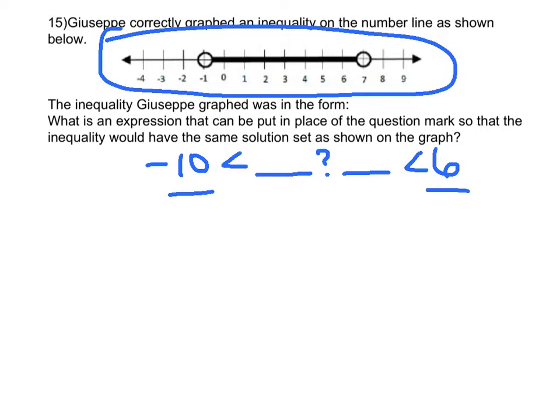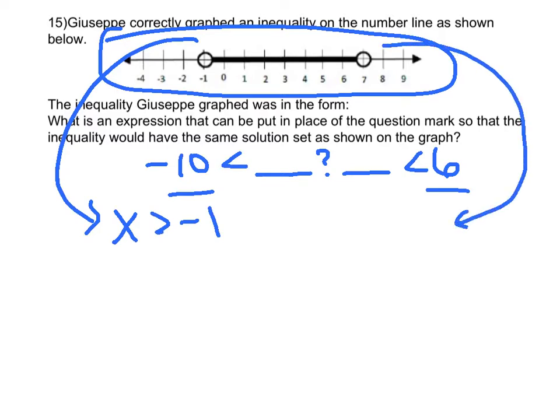So this is how I want you to look at it. Let's rewrite these. Okay, we need, in order to get a -1, this is saying that x is going to be greater than -1. This one is saying that you need x to be less than 7. So what do I need to do to -1 to get -10?